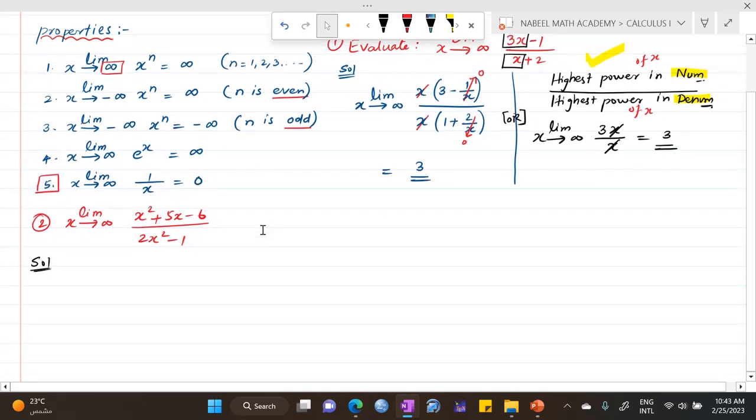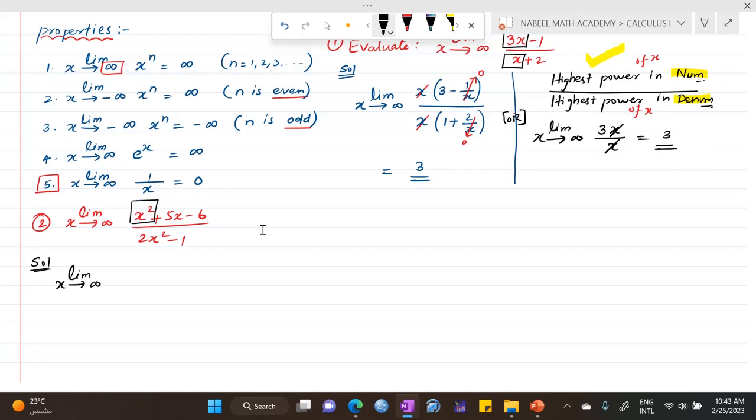The highest power of x in the numerator is x square, over the denominator, which is 2x square. X square cancels, so this is 1 over 2. When you apply the limit to 1 over 2, you get the constant, the same value.